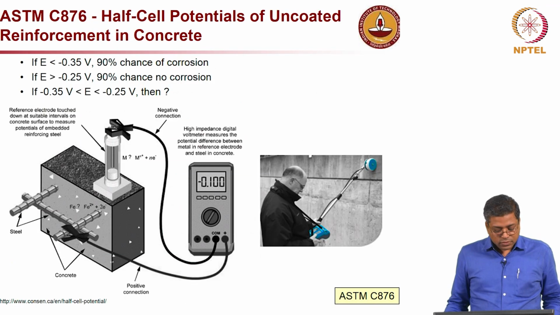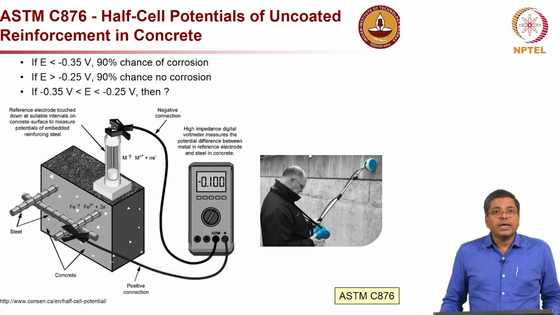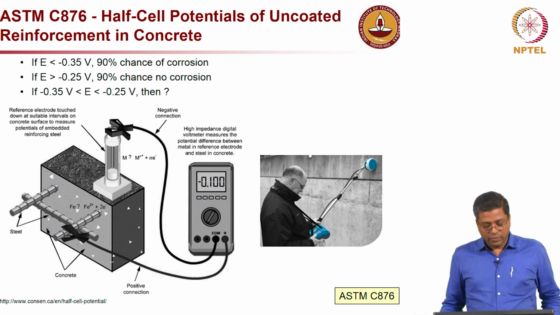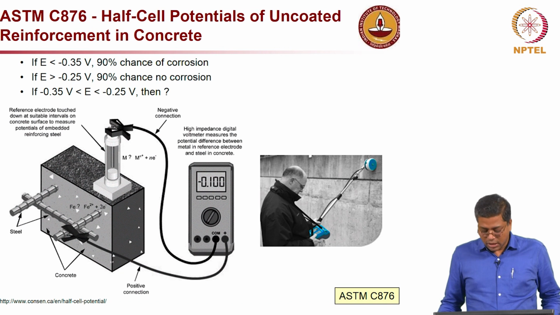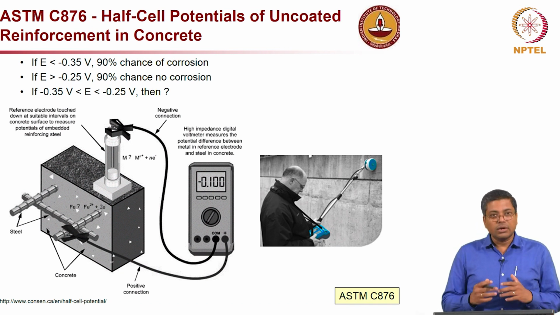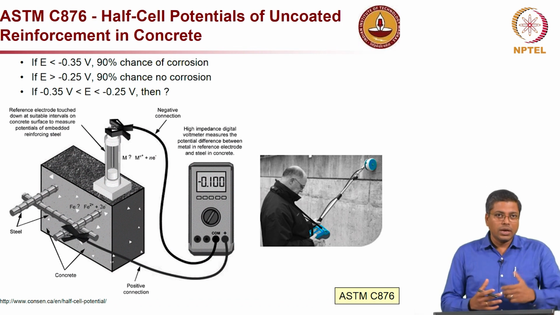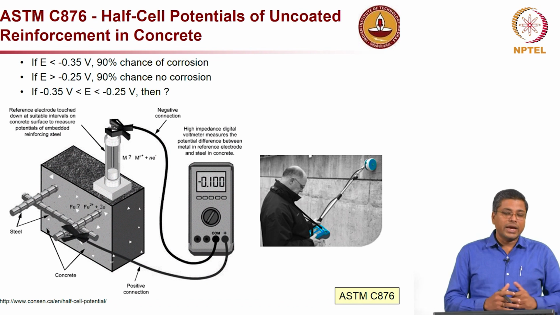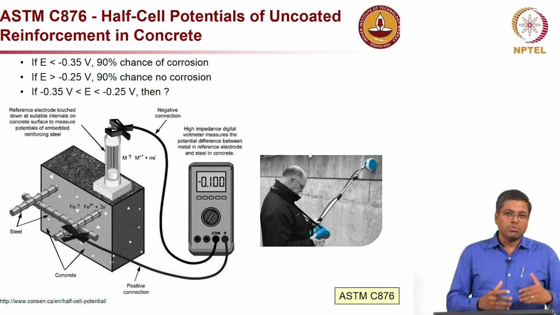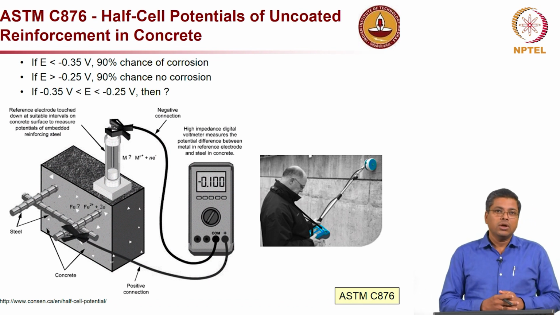corroded bars. Now, the ASTM C876 test is something which is widely used for assessing the probability of corrosion in reinforced concrete systems, and the method relies on the principle that if there is a more negative potential, that indicates a higher probability of corrosion.